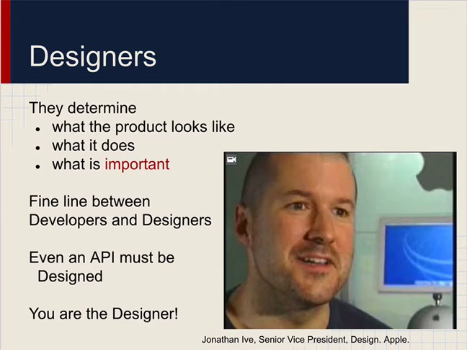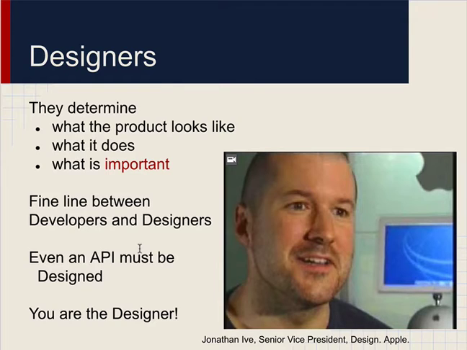So who are designers? Designers are the people that determine what the product looks like, what it does, and basically what is important about it. You might have seen this guy here, Jonathan Ive. He's the big designer at Apple. He designed the original iPod and the original iMacs and a lot of other products.